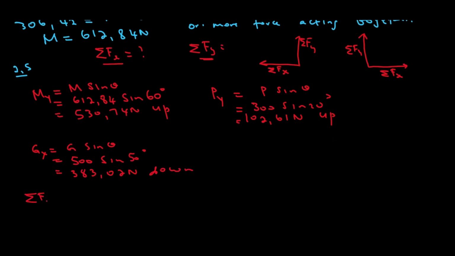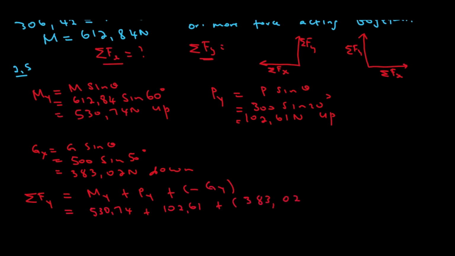The sum in Y is going to be M in Y plus P in Y, and we're going to subtract this one because it's acting downwards, so this is going to be G in Y. Let me plug in the numbers: 530.74 plus P in Y, which is 102.61, minus G in Y, which is 383.02. This one must have a negative sign there.